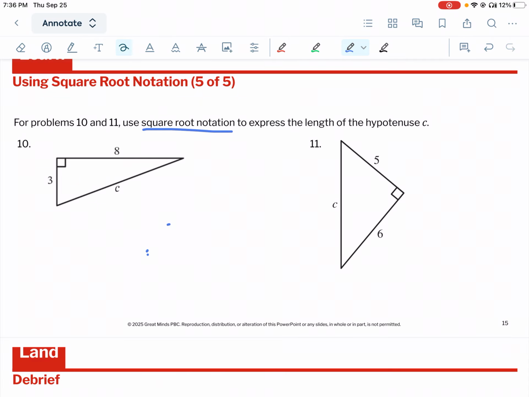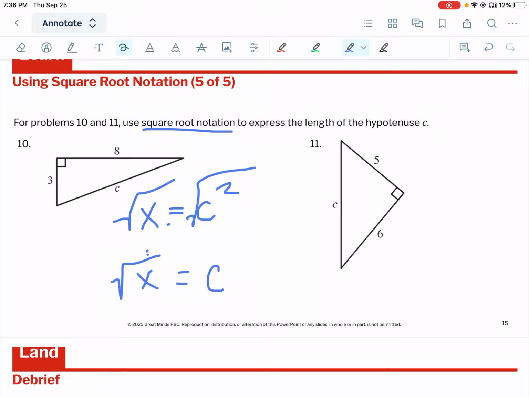So once you find your answer, and I'll just say x equals c squared, all that means is the square root, and then leave it written that way. So you'll put square root of whatever your number is equals c, and that is how you will write your answer.